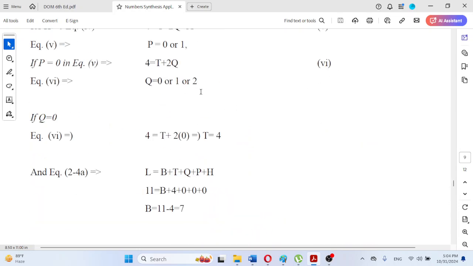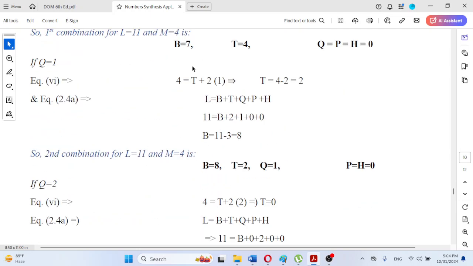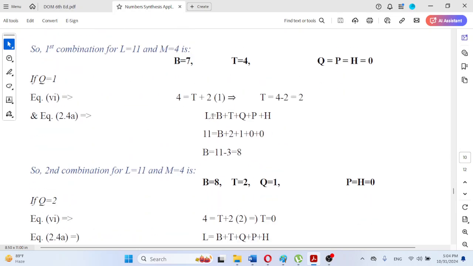Now we will be testing the other value, the second value, that is 1. So if Q is equal to 1, we can observe that T plus 2, that means T is equal to 4 minus 2, which is equal to 2. So ternary links are 2 and quaternary link is 1. So the other equation 2.4a will be giving the number of binary links.